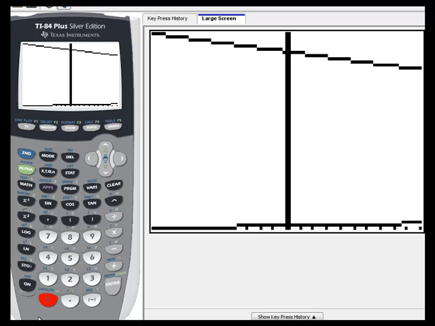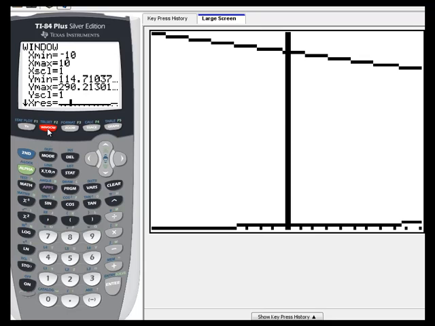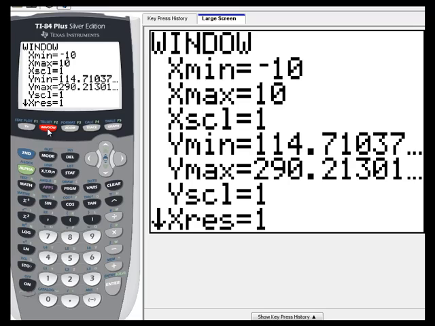We can now change the window and just take a guess at what we think might fit, where we need quite a bit more positive x-axis. This means we need to change x max. Right now it's 10. Let's just try 200. Kind of guessing.